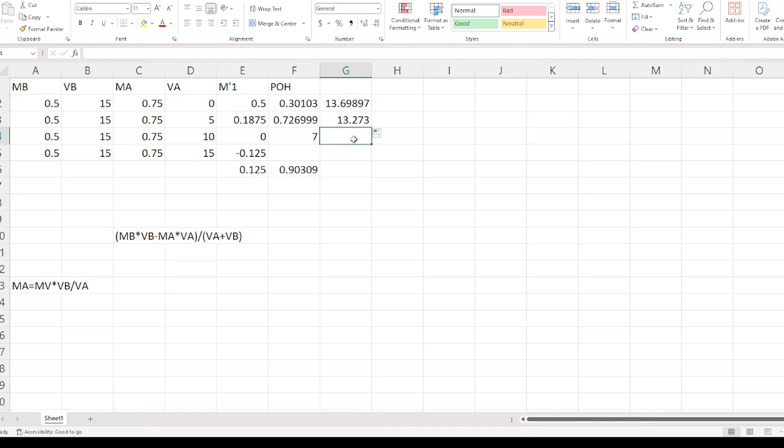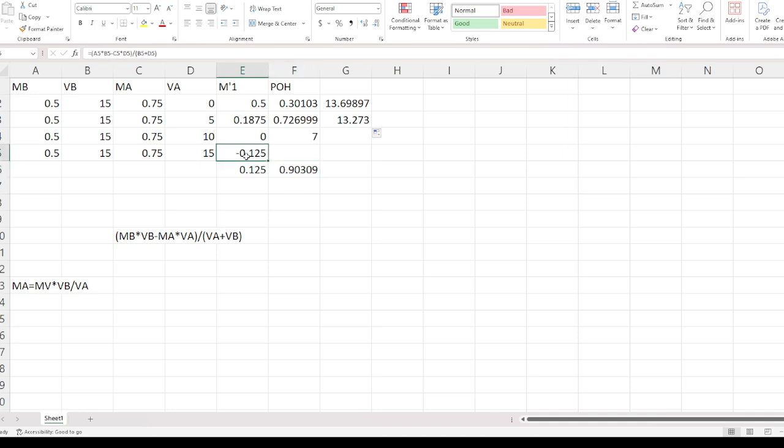At the equivalence point, it drops to pH 7. And then after 5 mils past the equivalence point, it has dropped to 0.903. So it has dropped a huge amount by 5 mils afterwards.